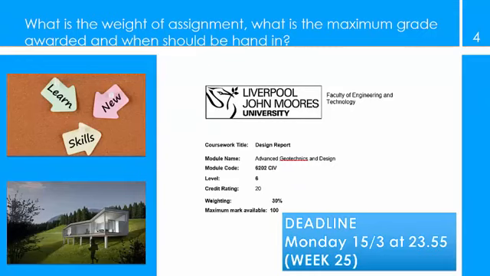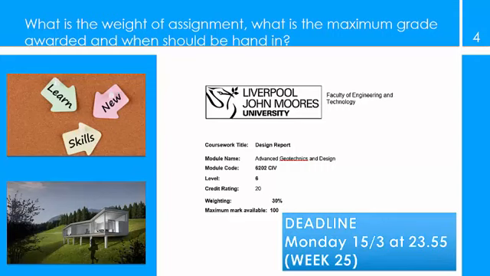This is how the first page of the design report looks. There is a module code, 6202 CIV. The credit rating of this module is 20.